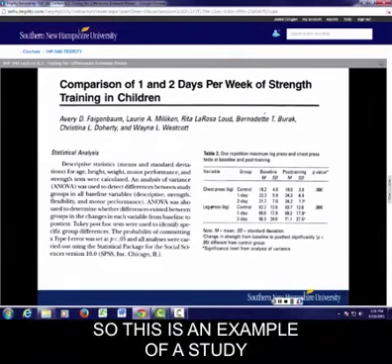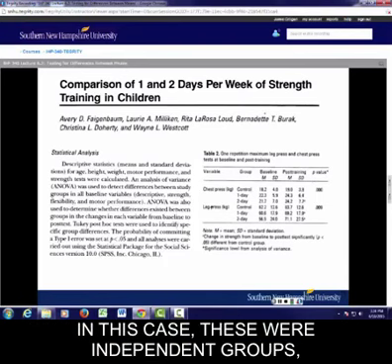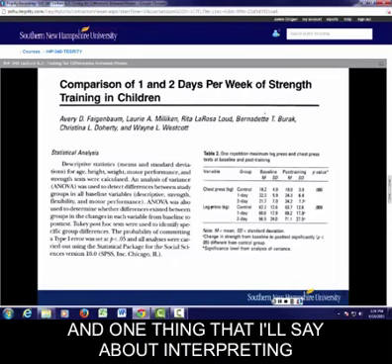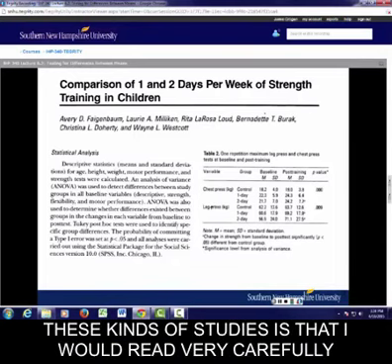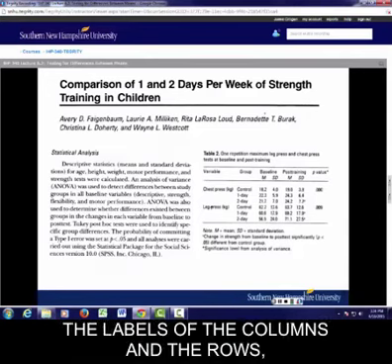So this is an example of a study where there are 3 groups. In this case, these were independent groups, and this is an analysis of variance followed by a post-hoc test. And one thing I'll say about interpreting these kinds of studies is that I would read very carefully the title of the table, the footnotes of the table, the labels of the columns and the rows.